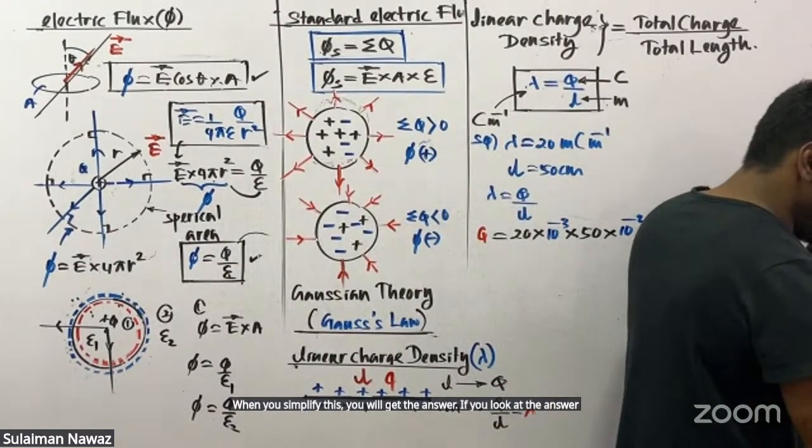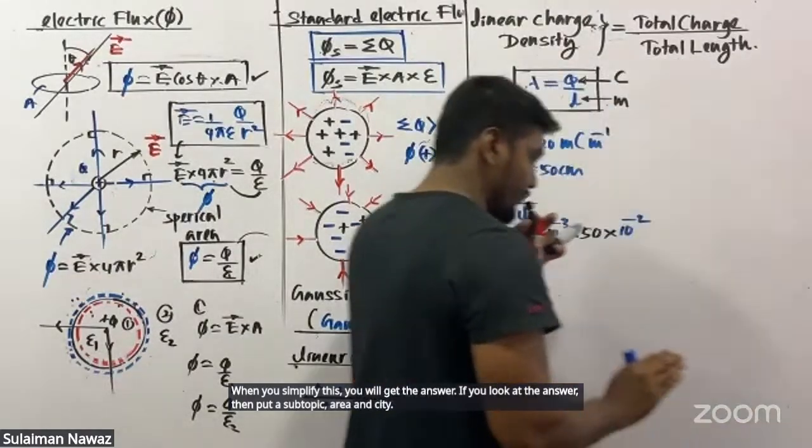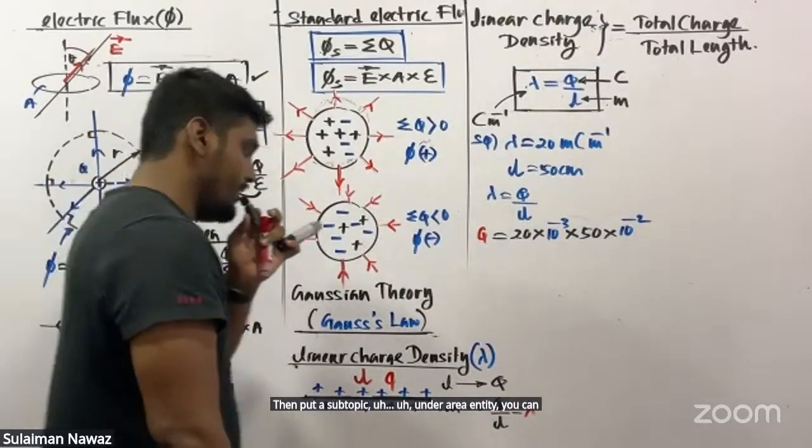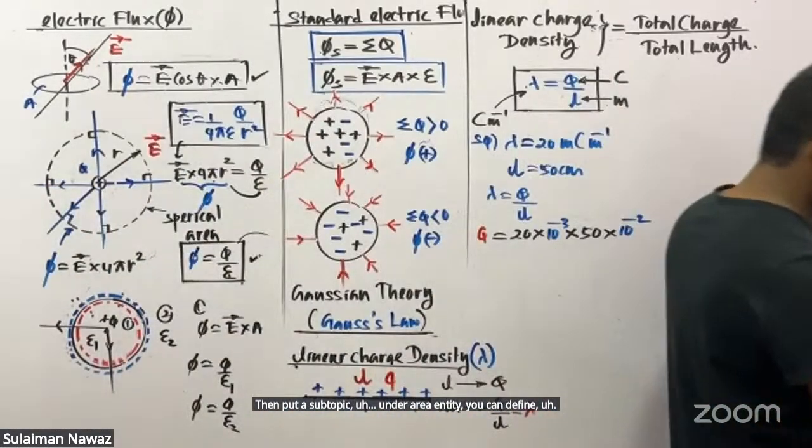Then put a subtopic, area charge density.